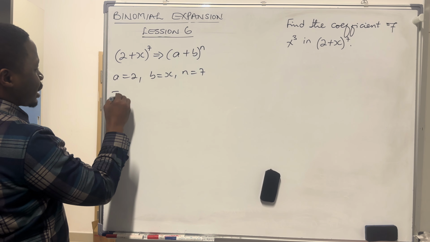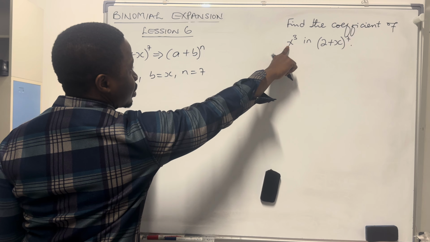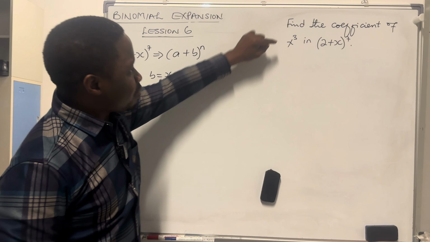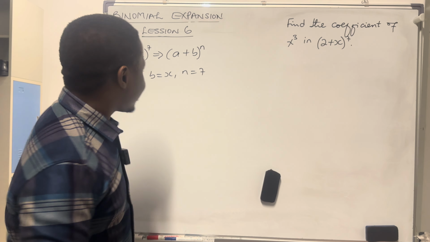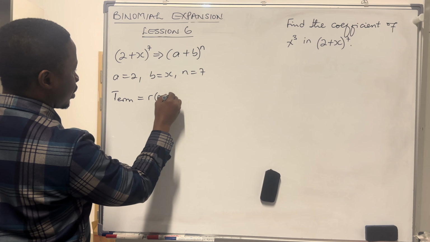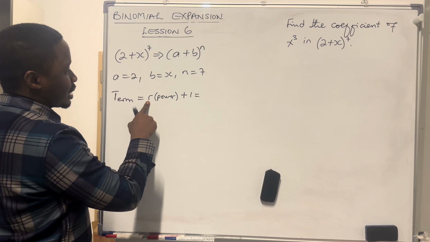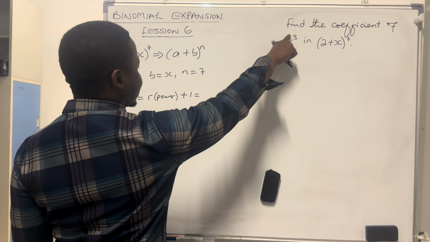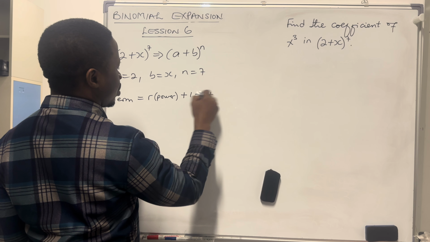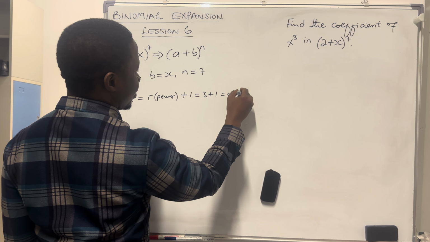So which term is this one? This power we have is the r. So just say r, that is the power, plus 1. What is our r? Our r is 3, plus 1. So this is the fourth term.